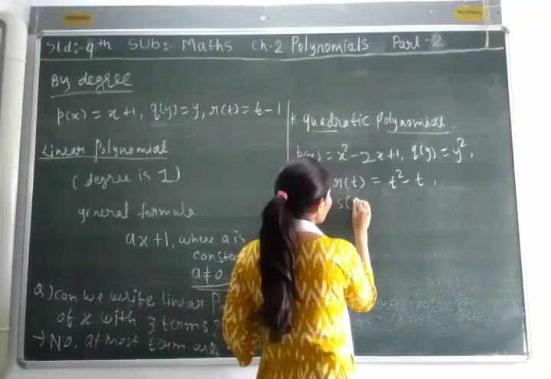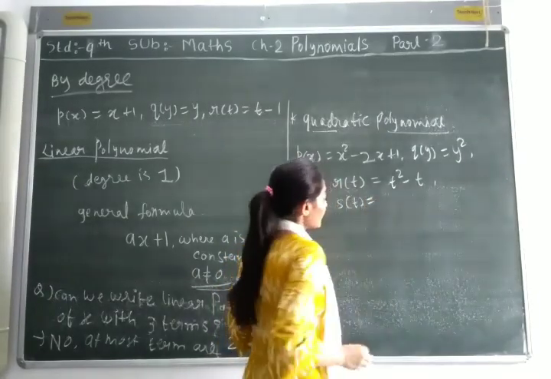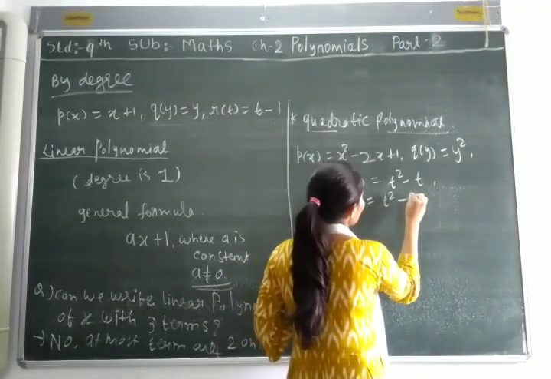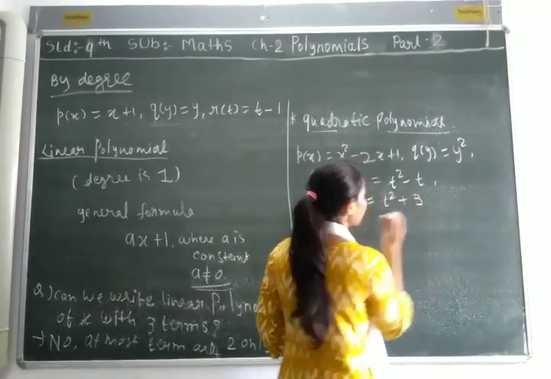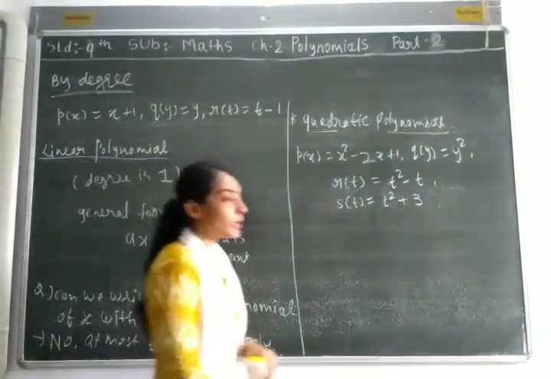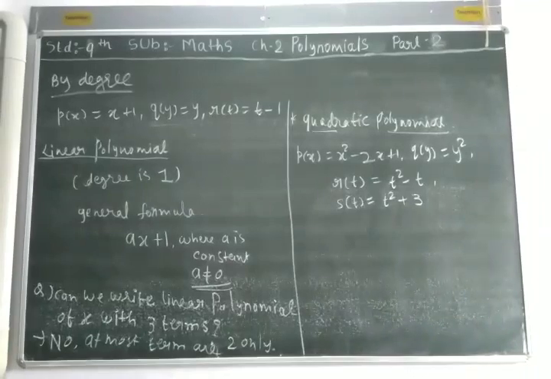S of t is like t square plus 3. Now look at over here. All my polynomials contain degree 2.